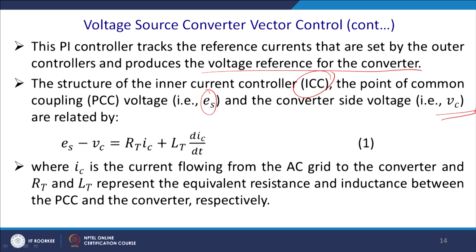So, we can write Es minus Vc equal to Rt into Ic plus Lt dIc/dt, where Ic is the current from the AC grid to the converter, and Rt and Lt represent the equivalent resistance and inductance from the point of coupling to the pole of the inverter.